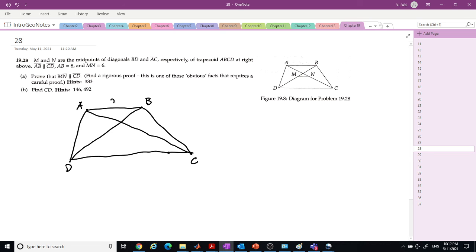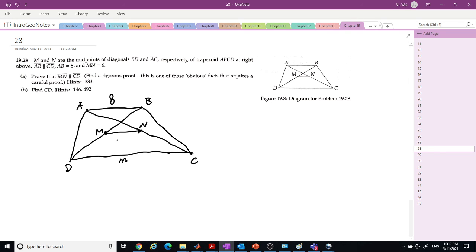AB equals 8, M is the midpoint of BD, and N is the midpoint of CD. We want to prove MN is parallel to AB, right? So let's see, this is M.